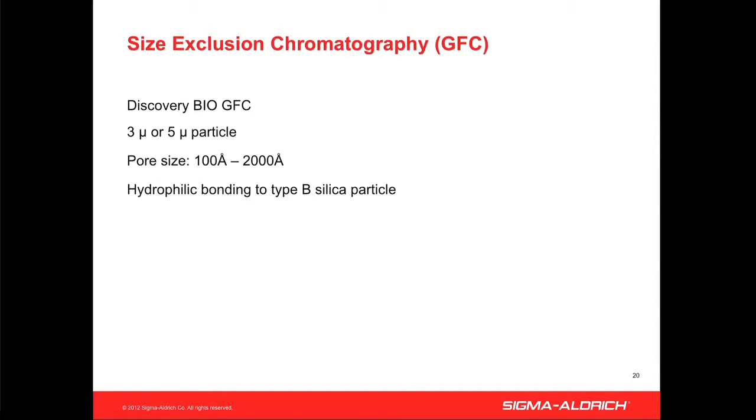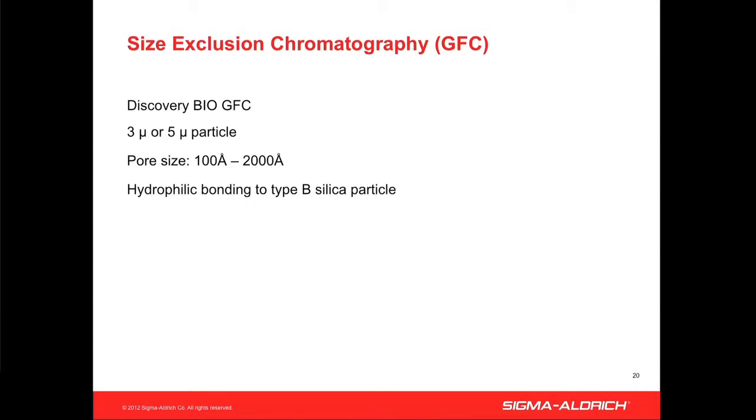We don't do a lot of that, but we have other customers who are using it for that. By far, most of the applications you see with proteins are between 150 to 400 angstrom, which is the most popular, and you'll see that in a little bit. And it contains a hydrophilic, proprietary hydrophilic bonding to this type B silica, modern silica.